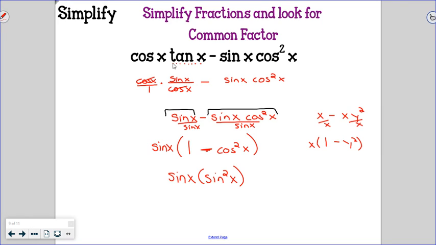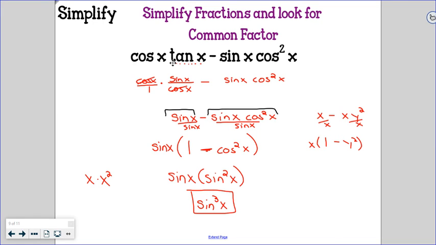And again, just as I kind of continue likening this to algebra, that's like an x times an x squared. What do you get? Sine cubed. That is one trig function that is not a fraction. That is as simplified as that is going to get. Okay? Now, I just told you that this one was, I put up here as an example of a GCF, right?